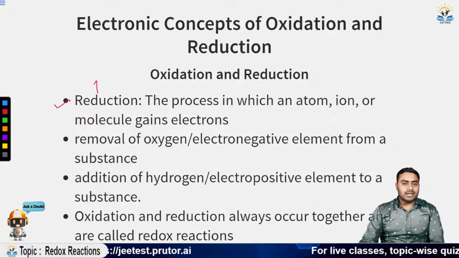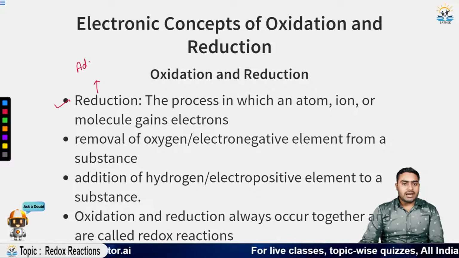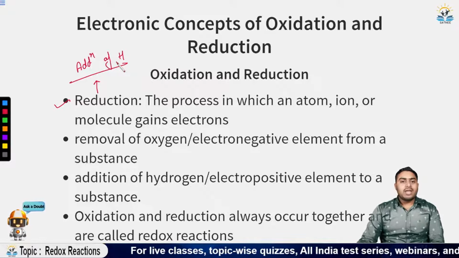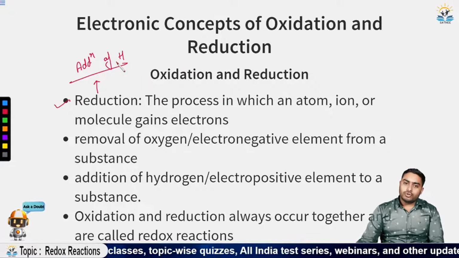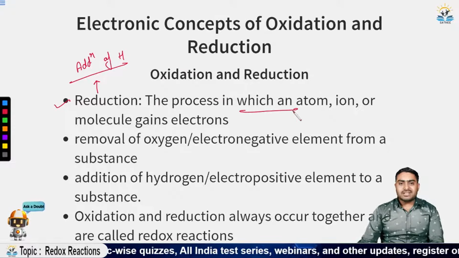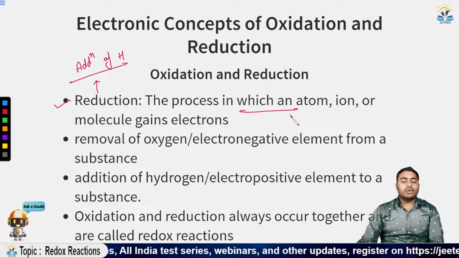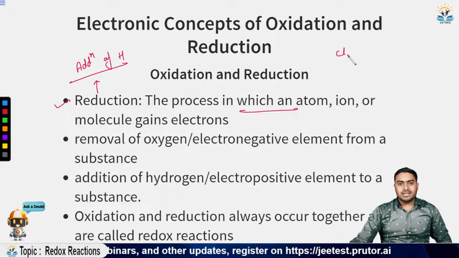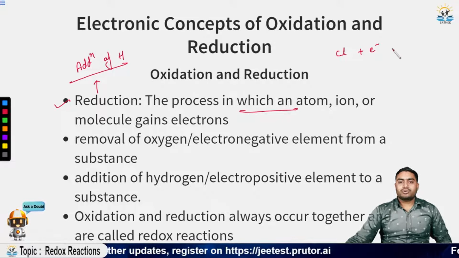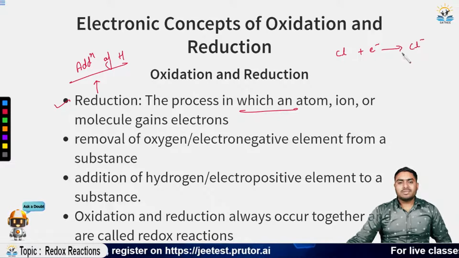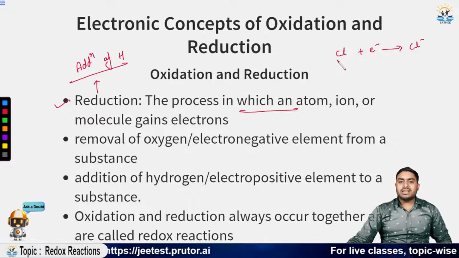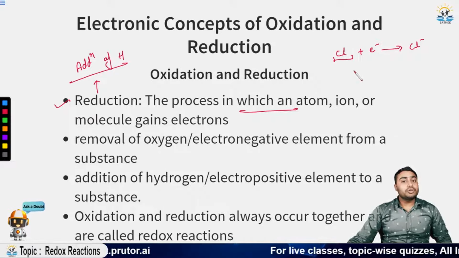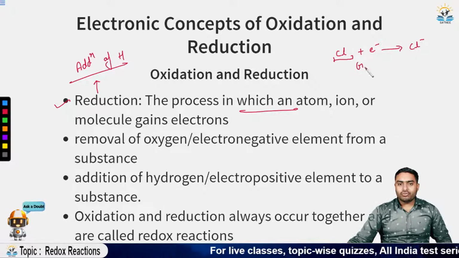Reduction is addition of hydrogen or removal of oxygen. It is the process in which an atom, ion or molecule gains electrons. Suppose I write Cl plus an electron, and the product will be Cl negative. So Cl is reduced here because of gain of electron.